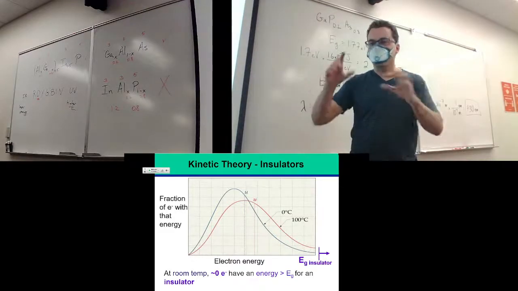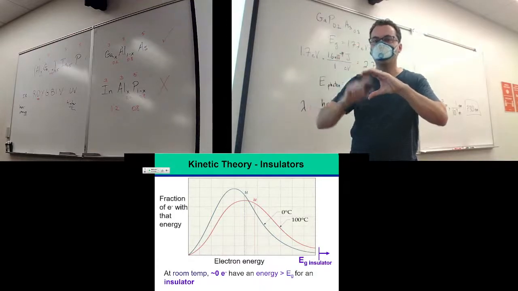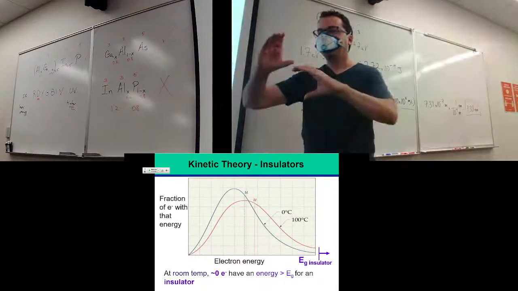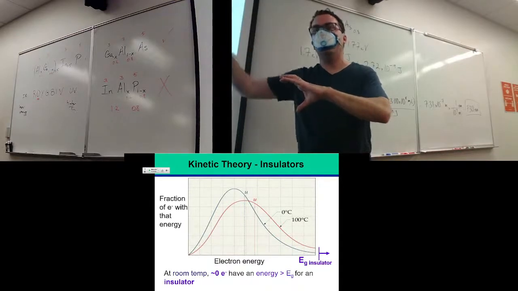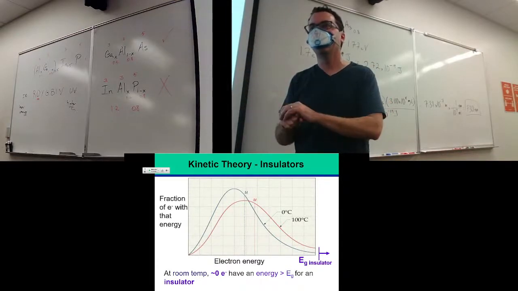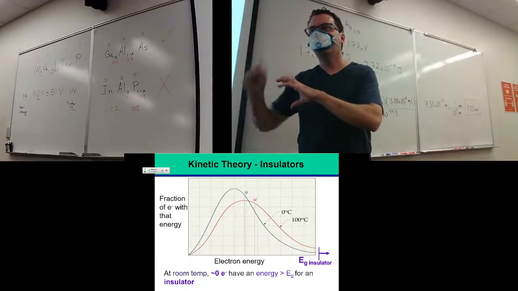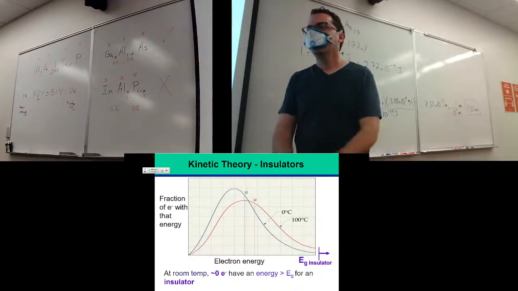So for metals, the conduction band is right on top of the valence band, so the electrons don't really have to go anywhere, they'll be conductive. For a semiconductor, the conductivity is proportional to how many electrons can get to the conduction band. So it'll be super weakly conductive when there's a small amount, but the more you get up there, the more conductive it can be. Does that kind of help?